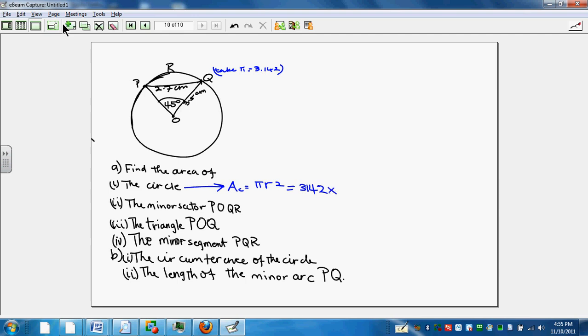Now r in this case is 3.5. That's r. It's the distance from the center to any point on the circumference, so we'll use 3.5 and we square that. If you go into your calculator and type that in and work it out, you'll get a figure of 38.4895.